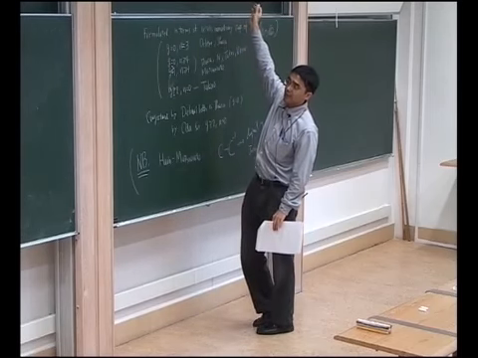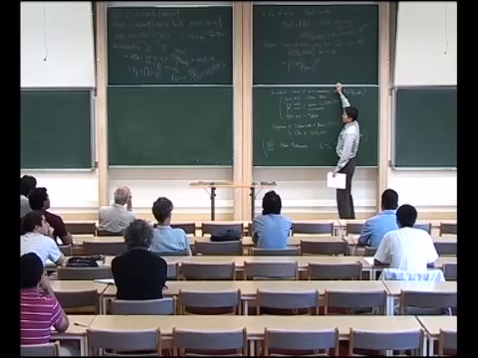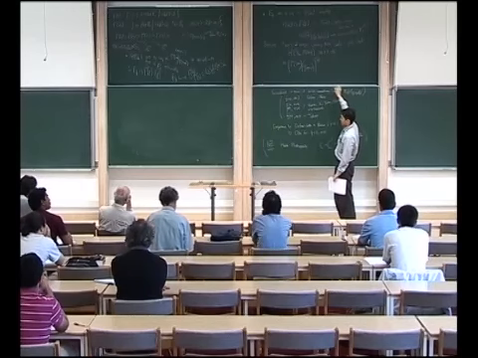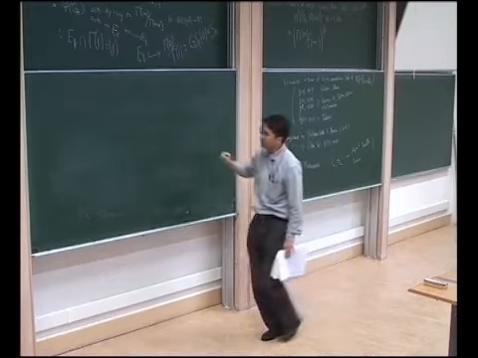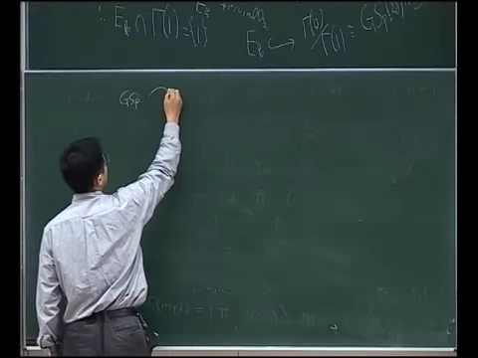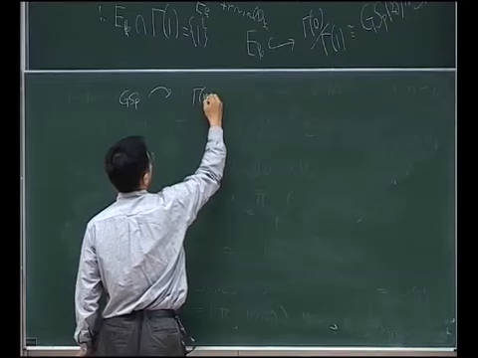Especially in this component, GSp acts by conjugation, by the multiplication of the similitude character times the weight.